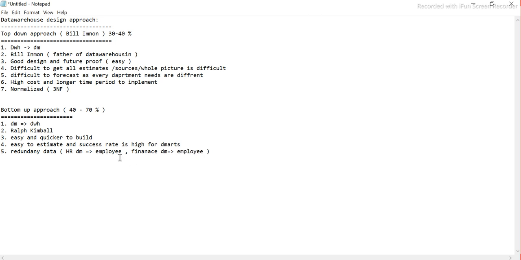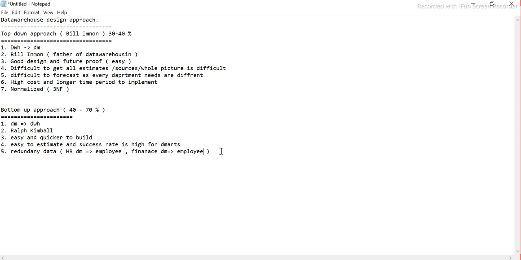So within these two data marts, one data mart is HR and one data mart is finance, and both are using the same dimension table.